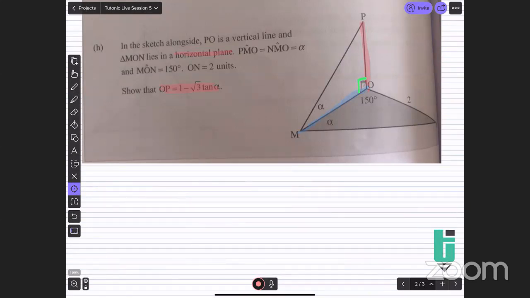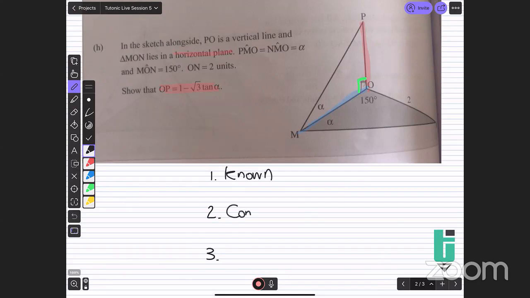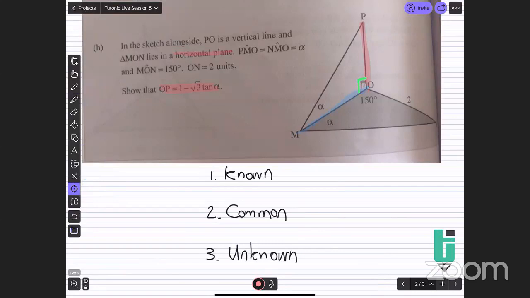What my maths teacher taught me in trig was that 3D trig is about working from the known to the common to the unknown. Or you could go from the unknown to the common to the known. So we're doing it in reverse, but you could do either way.